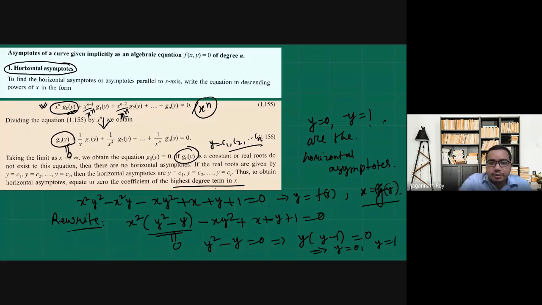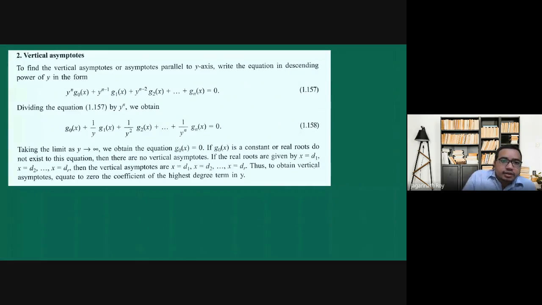Similarly, if we think of this function as a polynomial in y to the power n with coefficients that are functions of x, we do the same thing. We equate the coefficient of the highest degree in y to 0.